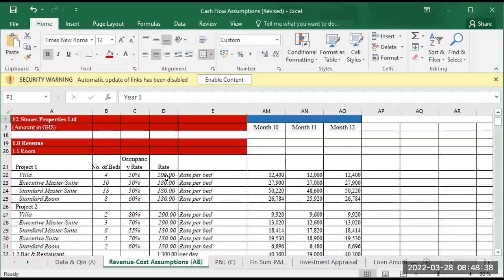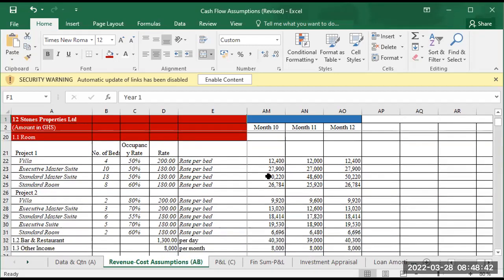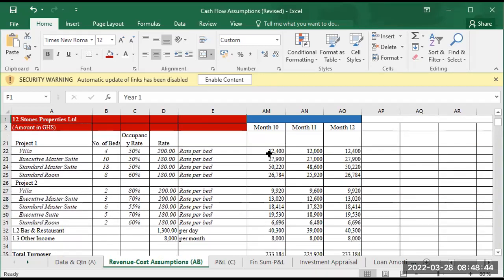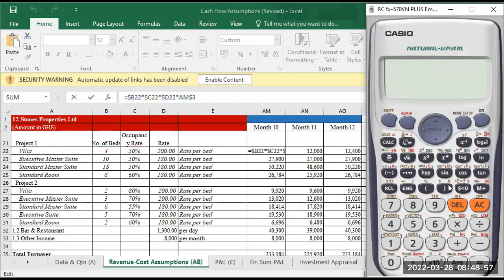Villa, the 4, 50%, 200. So it means we have 12,000. How did we get this 12,000? I mentioned earlier on that you multiply 4 by 200. There are 4 beds times 200, that is 800.